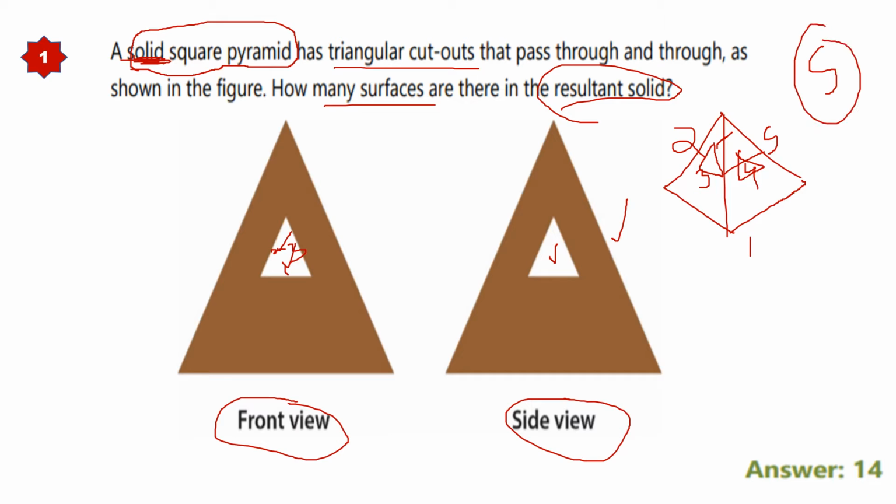Then 3 surfaces, if we look through one side, we look through this surface also, isn't it? So altogether we will have 14 surfaces. Just try to imagine those extra surfaces also.